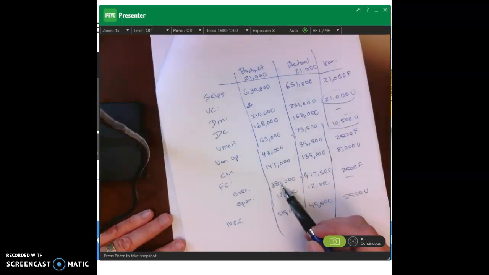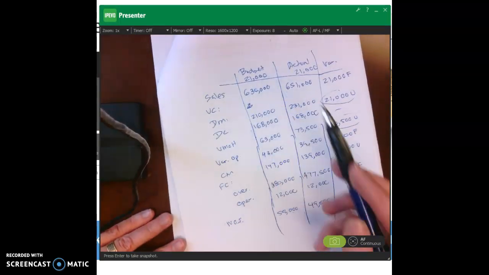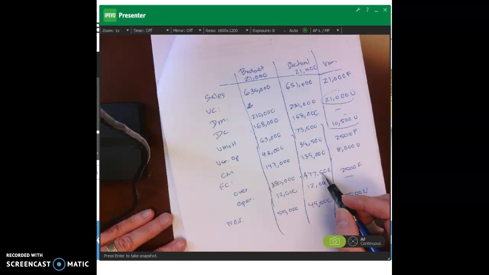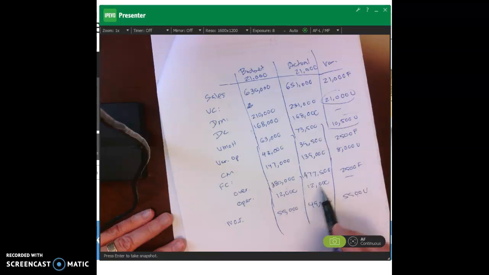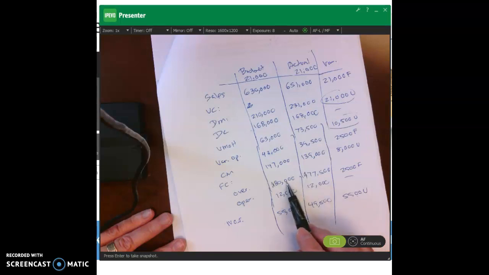So I have my 80,000 right over here, which is what I expect to be the budget at 21,000, the same, 12,000 for operating, and then I pull in my 77,500 actual fixed overhead, my 12,000 actual operating expenses. Subtract the two. There is no difference here, but here there's $2,500. And it's favorable because actual fixed overhead turned out to be less than budgeted fixed overhead by $2,500.